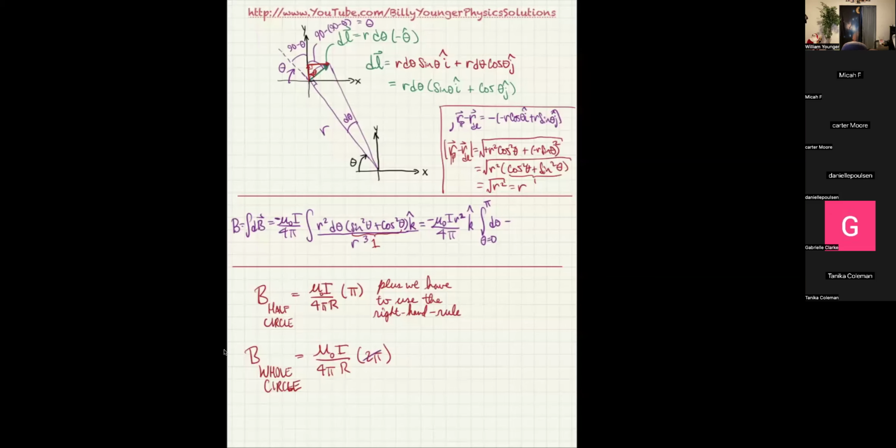The 2 pi cancels out with the 4 pi, leaving a 2 in the bottom. And your ultimate result is, in fact, just mu 0 I over 2R. So really, this is the formula you want to write down or memorize, because for a whole circle, it's going to be this.